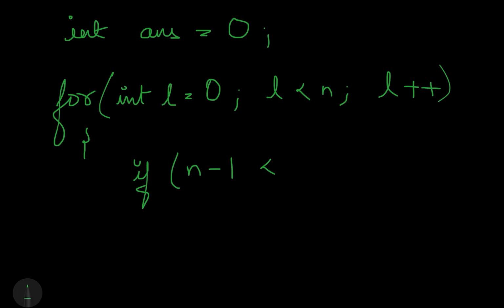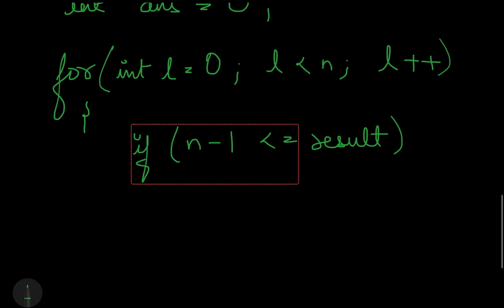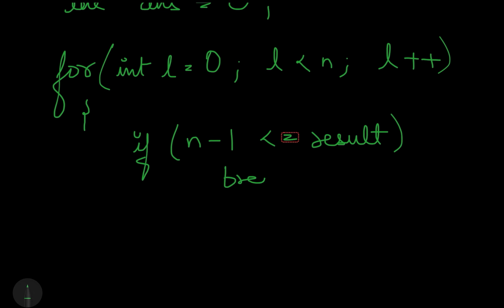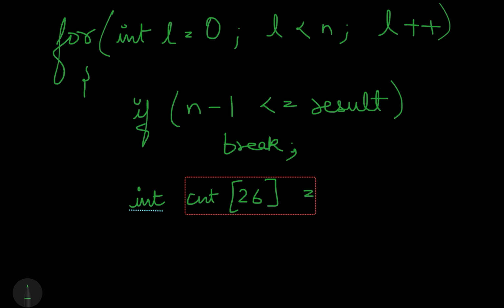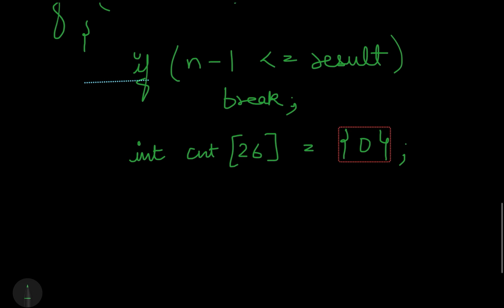If at any point N minus L is less than or equal to result, in that case we'll break. This will give us an early exit. Now we'll define an integer counter array, initialized to 0. This will have the count of every character.